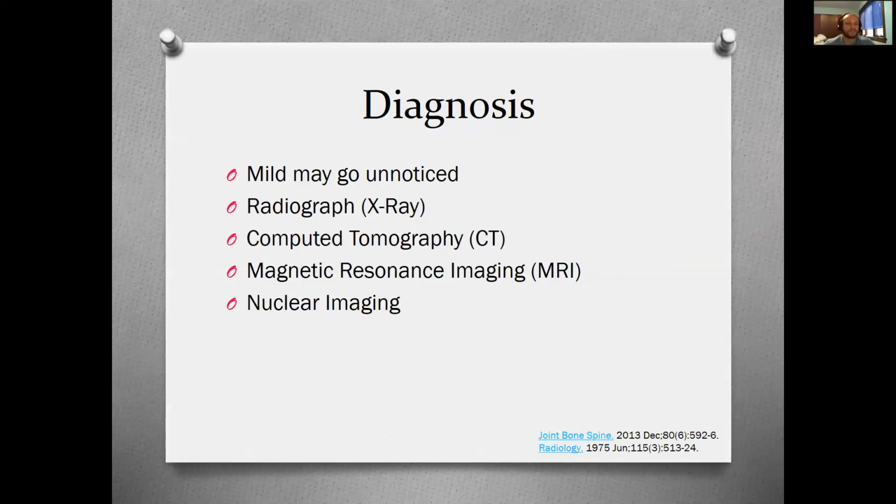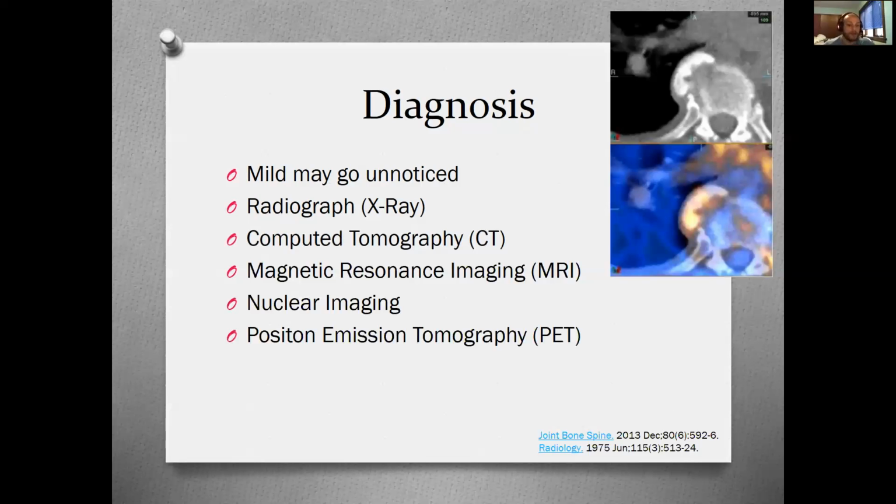Now, there's some other things we can use. Nuclear imaging, we typically will never use. It's really never indicated in this condition. And then PET scanning or positron emission tomography. And this is the one where you'd really look at to differentiate, okay, is this a metastatic vertebral deposit or is it a metabolically active osteophyte?